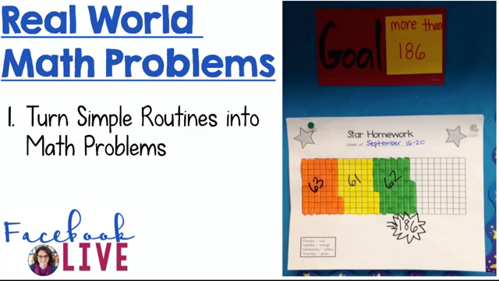Students have an opportunity to get stars each night for how much homework they do. I don't monitor homework beyond this little star system, and students give themselves stars. It's totally on an honor system, and it's not really something I monitor.